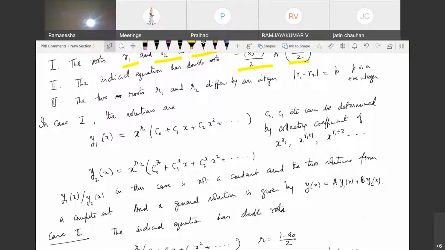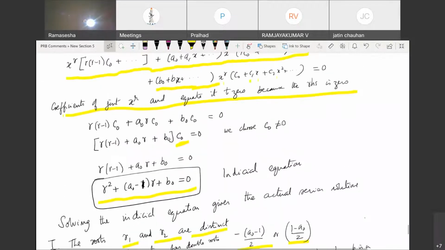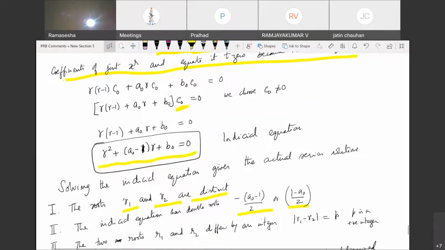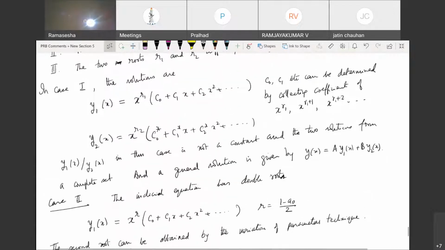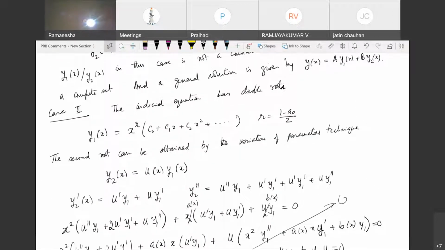And in case 1, the two solutions are very simple. As we did in the case of the Legendre differential equation, we can solve for the coefficients c1, c2, etc., in terms of c0 or c1, because you always have a relation between c0 and c2, c4, and so forth, and c1, c3, and so forth.